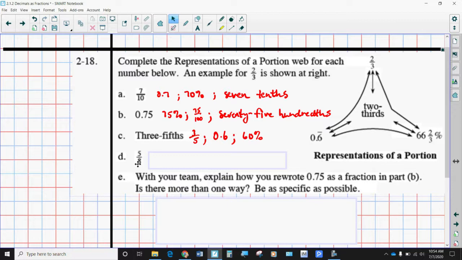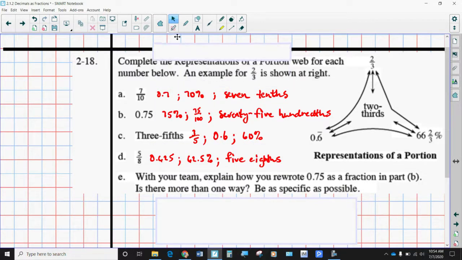And then our last fraction is 5/8, which when you do the decimal ends up being 0.625 or 625 thousandths. Now, these others were pretty simple to convert to decimal numbers and percents. This one's a little bit trickier because there is a rule that we have to learn about moving the decimal to the right or to the left, and we'll get to that in a future lesson.